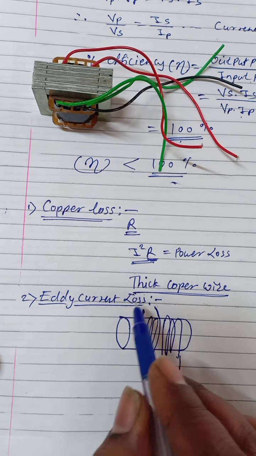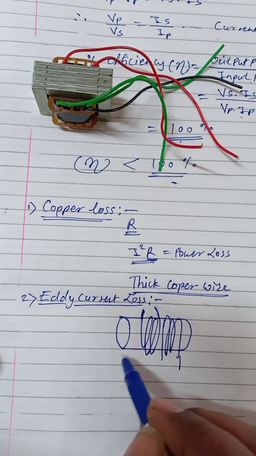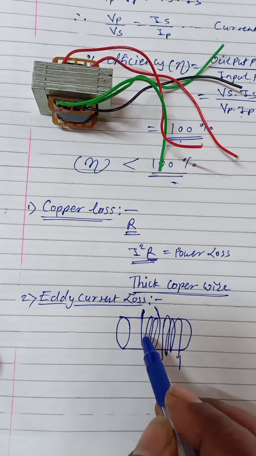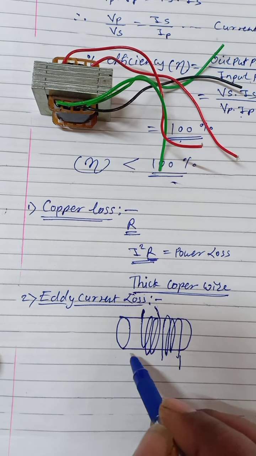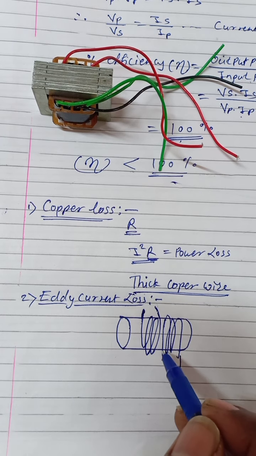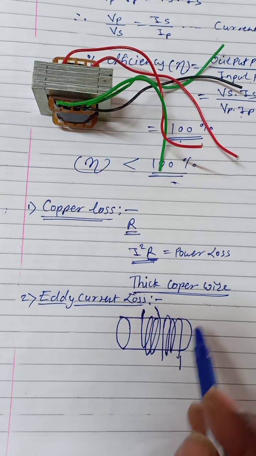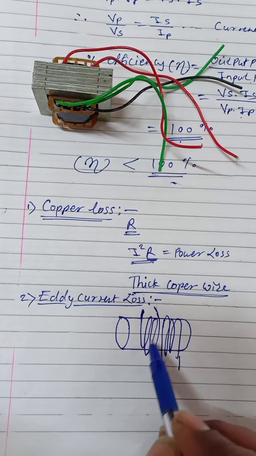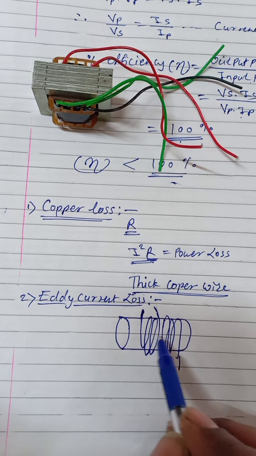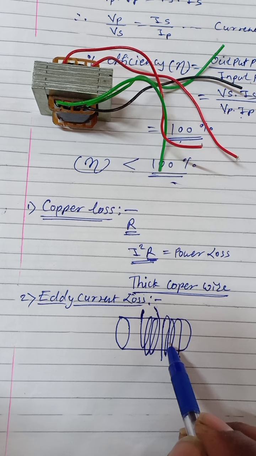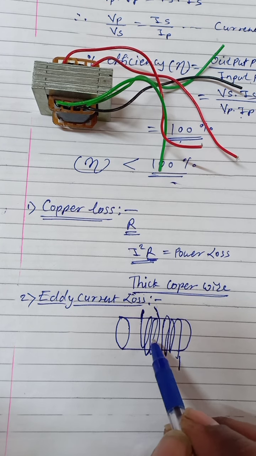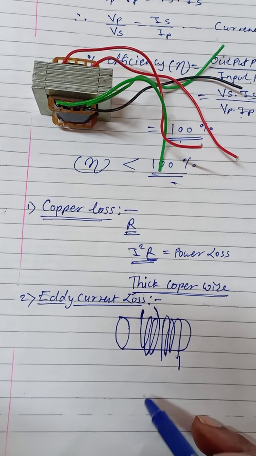You know the principle of transformer: the changing magnetic field produced by the primary is cut by the secondary, and because of that EMF is induced in the secondary.